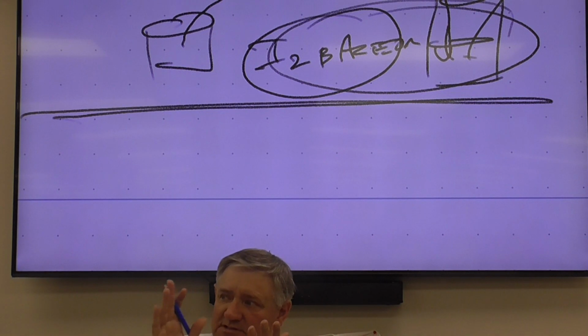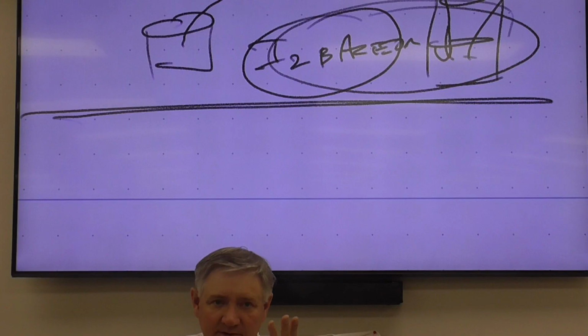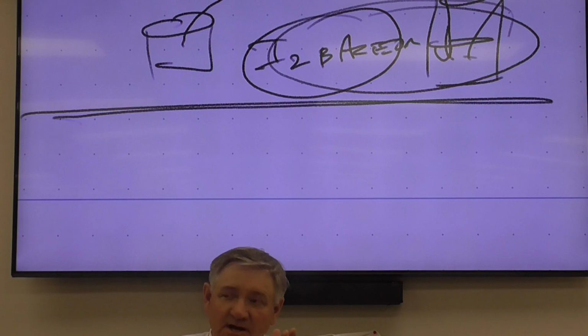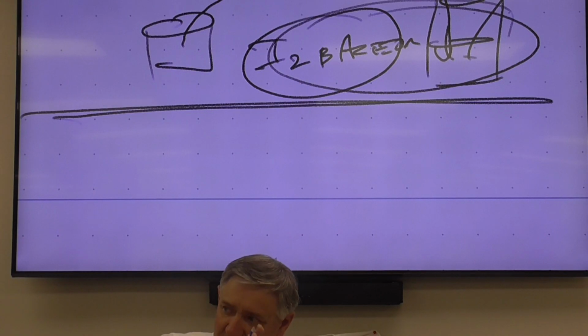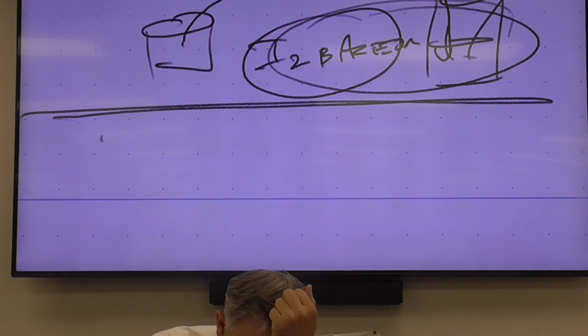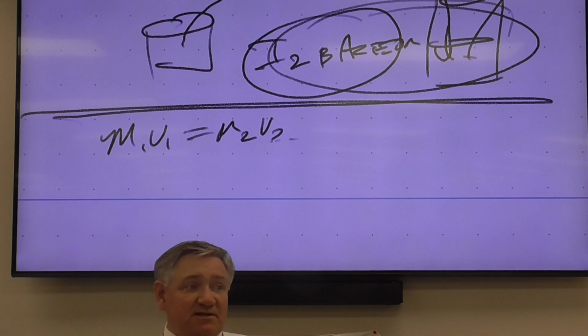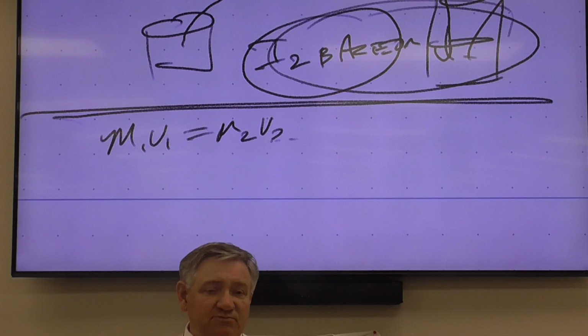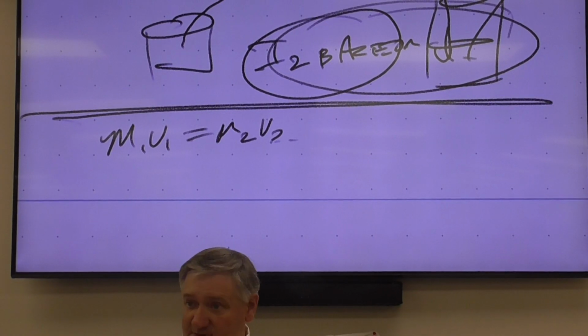It is not the stock solutions coming out of the reagent bottles. This is after they have been mixed. So what we're going to use is M1V1 equals M2V2. Okay, so just if you've never seen this, this is what you use for dilution concentrations.